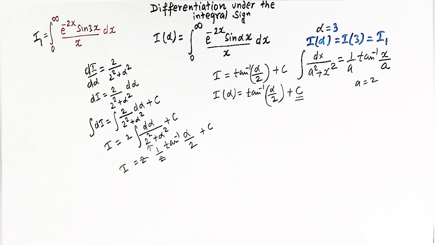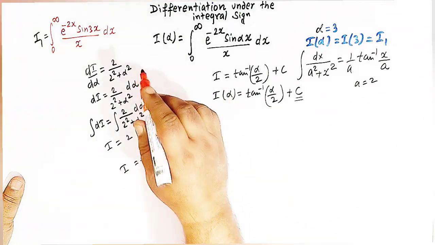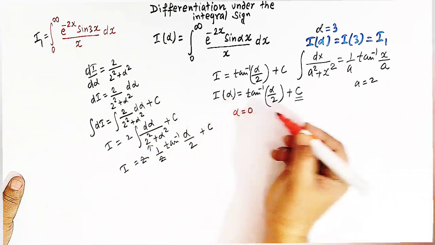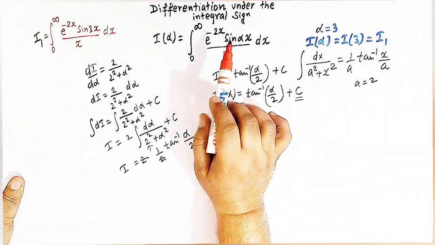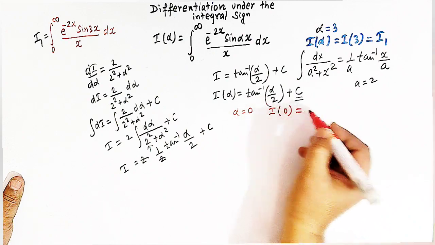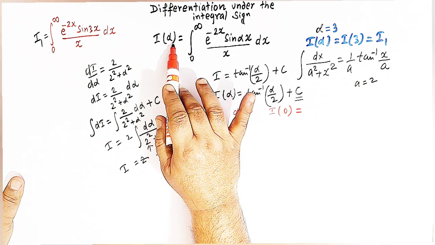So now let us consider the boundary conditions as say alpha is equal to 0, right? So let us take alpha is equal to 0. So what we will get, that is I of 0. So I of 0 can be obtained from this expression.